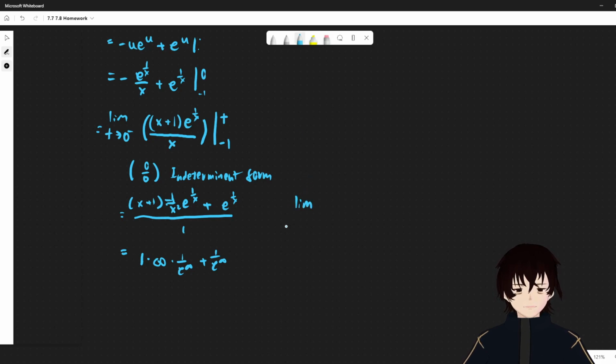Limit as x approaches 0 from the negative side of x plus 1 e to the power 1 over x is 1 times e to the power of negative infinity over 0 from negative.